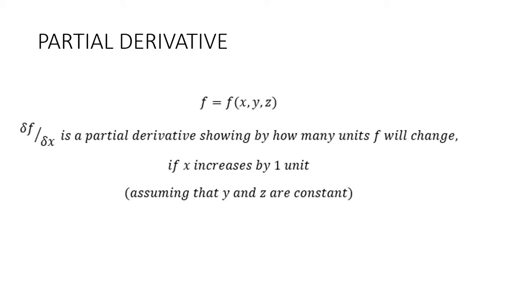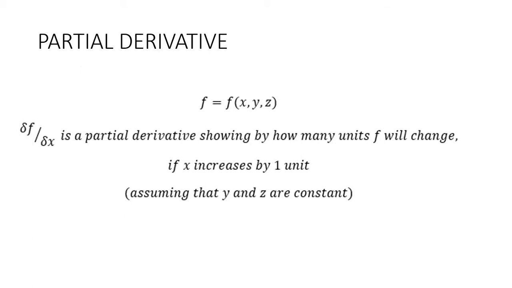It basically shows you by how many units f will change if x increases by 1 unit. It's important to keep in mind that in this case we assume that y and z are constant.